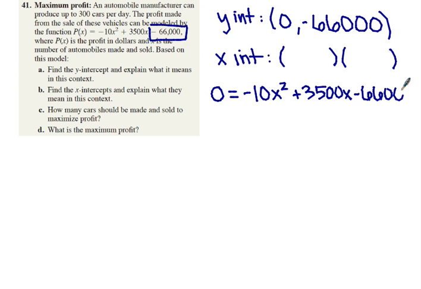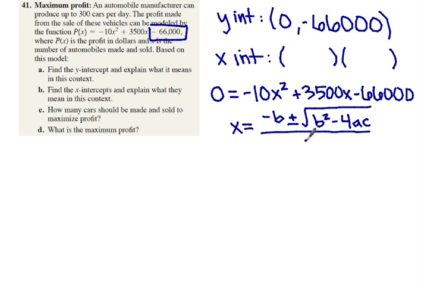And so as we plug that into our quadratic equation, which let's recall is x equals negative b plus or minus the square root of b squared minus 4ac, all over 2a.